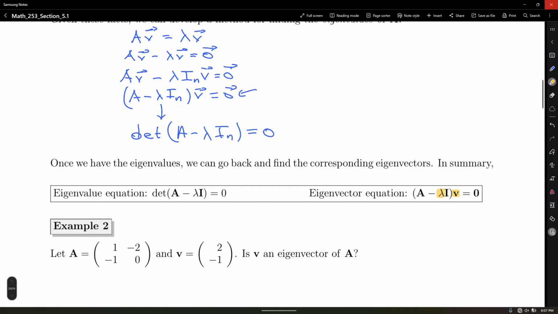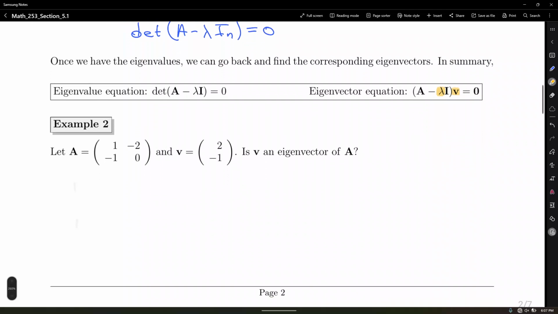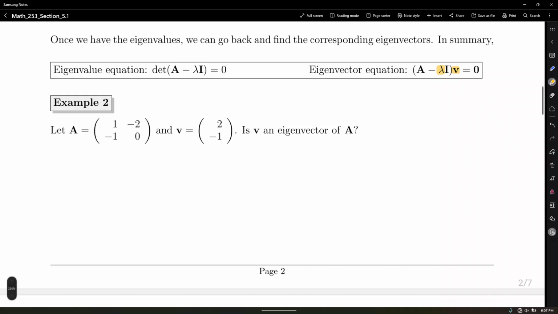To give you an idea of how this works, before we actually calculate any eigenvalue, let A be this matrix [1, -2; -1, 0] and some vector v = (2, -1). The question here is: is v an eigenvector of A? How do we know that?